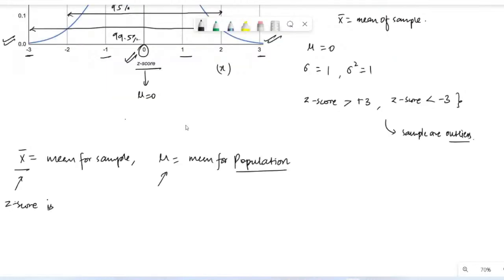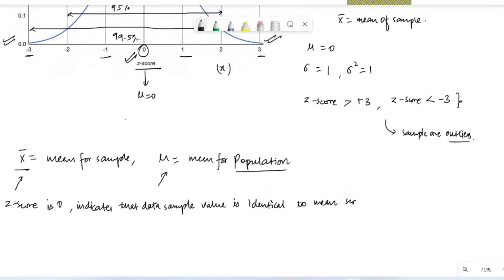A z-score of 0 indicates that the data point is equal to the mean.